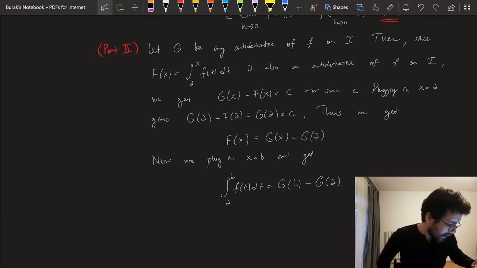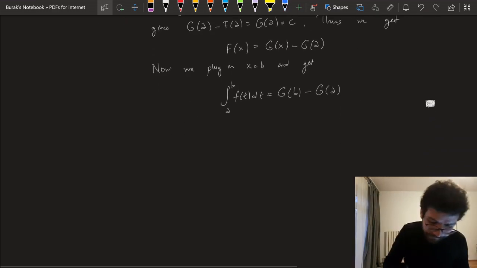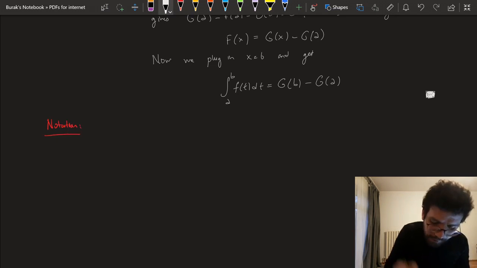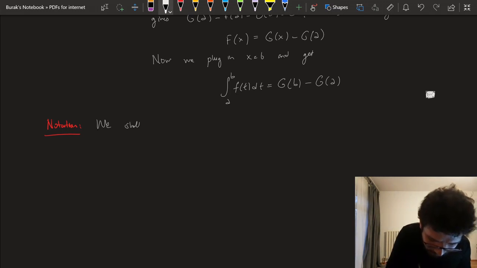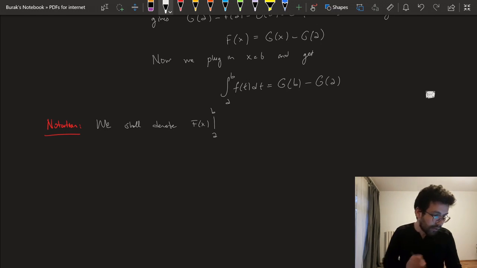Anyway, that's that. Now, some notation. Given a function, when I write this, it is called the evaluation symbol.